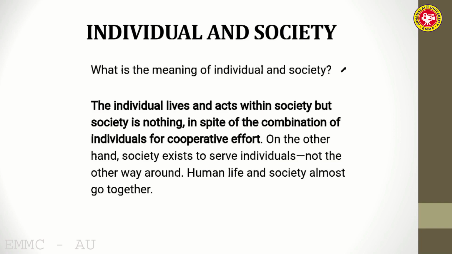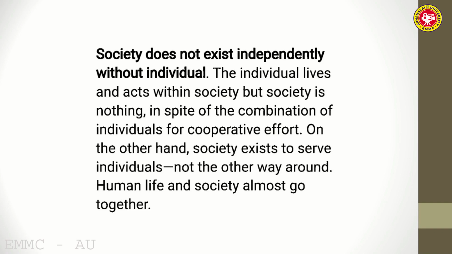On the other hand, the society exists to serve individuals, not the other way around. Human life and society almost go together. The society does not exist independently without individual.